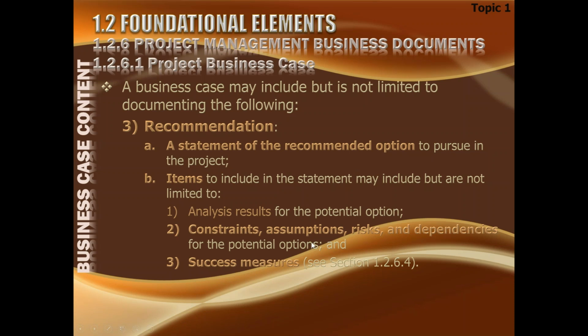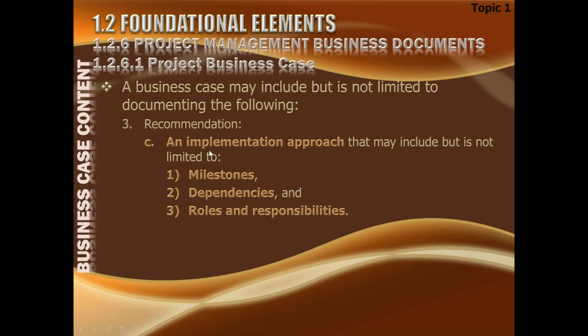If there are any constraints, assumptions, risks, or dependencies, again, I won't say that you write a thesis on it. You just provide very high-level constraints, assumptions, and risks, etc., just to give an indication of what those things are. And success measures, which means how the success is to be measured.